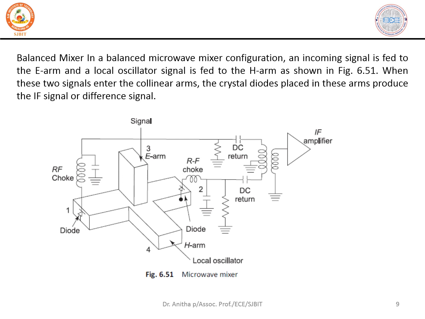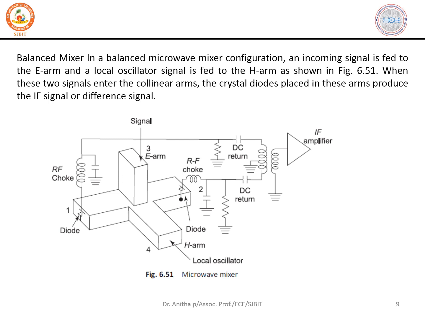So the balanced mixer is a balanced microwave mixer configuration. An incoming signal is fed to the E arm, and the local oscillator signal is fed to the H arm. When these two signals enter the collinear arms, the crystal detectors which you have placed at these two arms will produce the IF signal or difference signal.